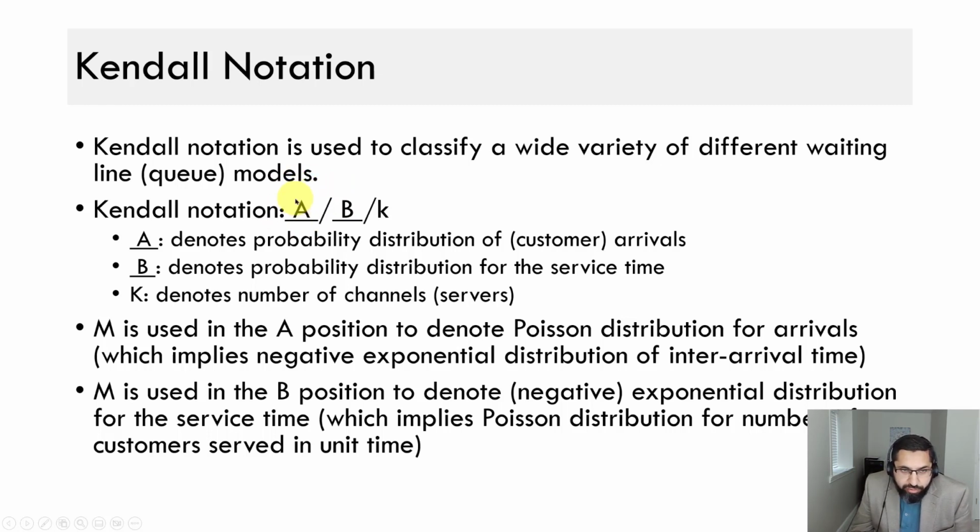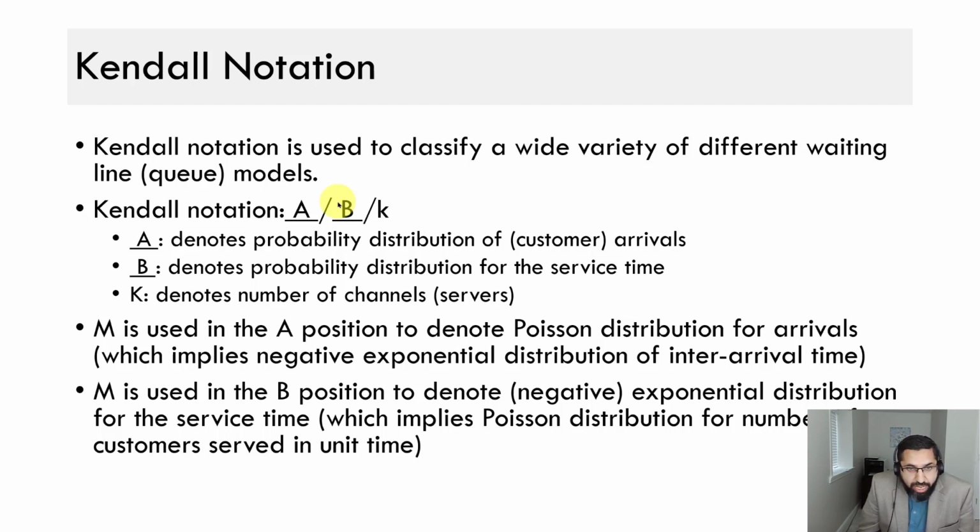And the first 2 letters tell us about the probability distributions. So the letter in the first place, placeholder A, tells us the distribution of customer arrivals. That's always going to be M for us because M is used to represent Poisson distribution for arrivals. The letter in the second place represents the distribution of service times, or the number of customers we serve per unit time.